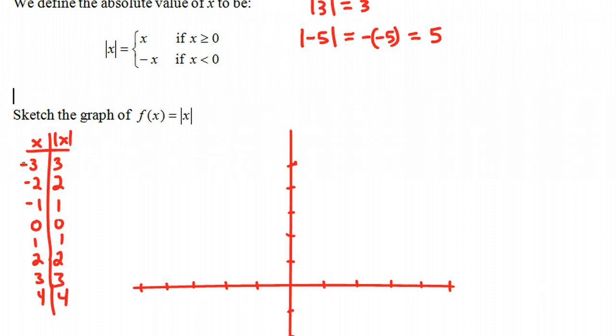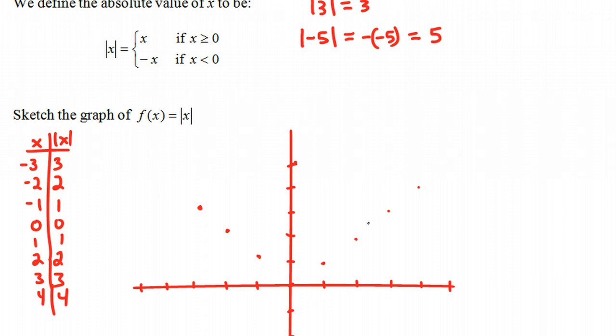And notice these would give you ordered pairs, minus 3 comma 3, which would be about right here. These tick marks, I'm assuming, are all 1 apart here. Minus 3 comma 3, minus 2 comma 2 is right here. Minus 1 is here. 0 0, 1 1, 2 2, 3 3, 4 4, and so on.